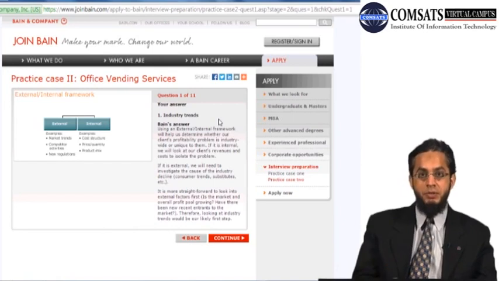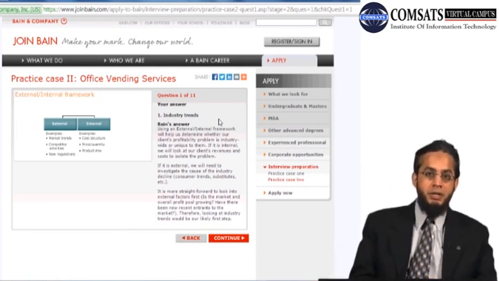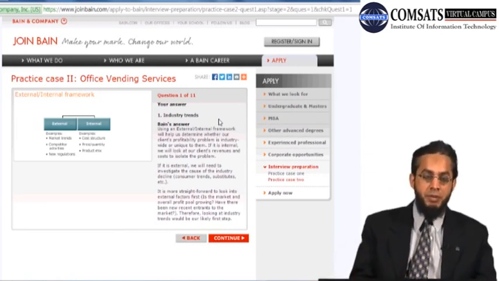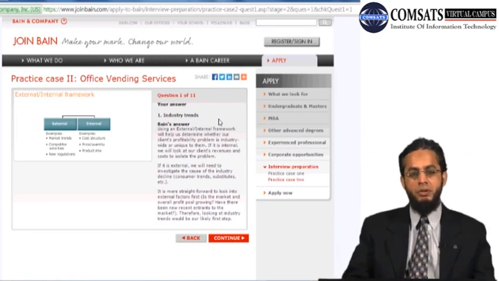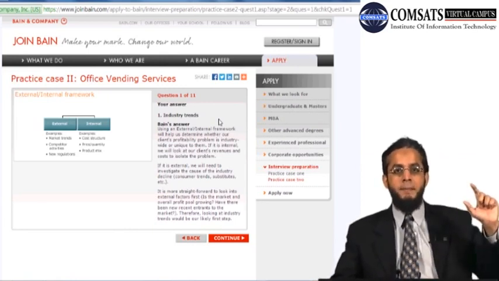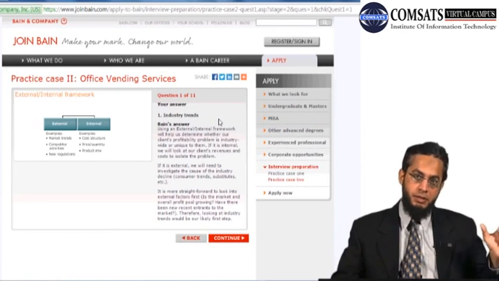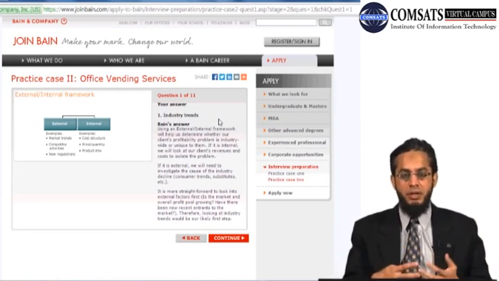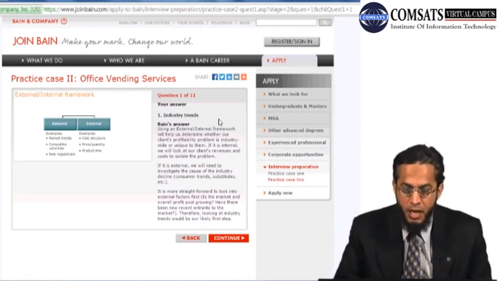So this is a substitute product, right? Chips have been replaced by a multitude of varieties with different tastes, flavors and shapes. It's no longer that old-style chip only.